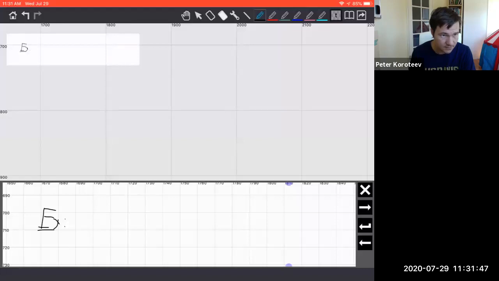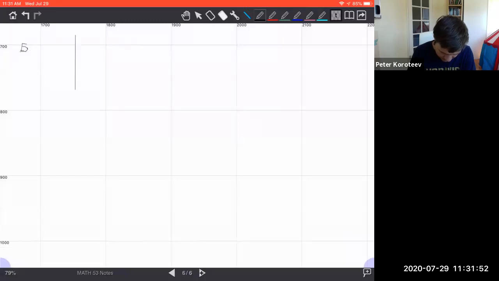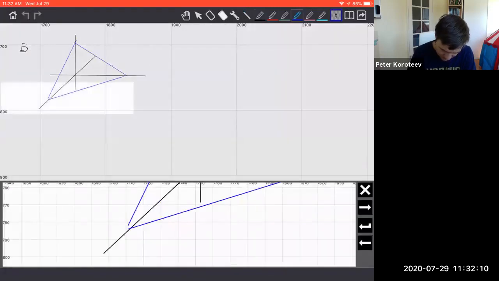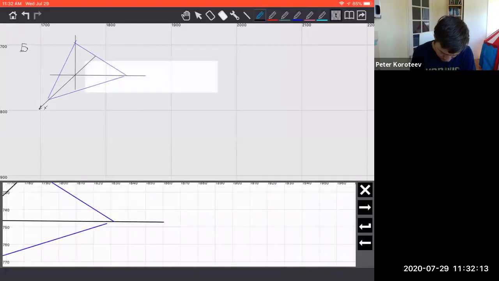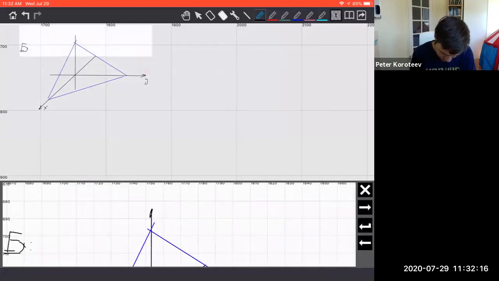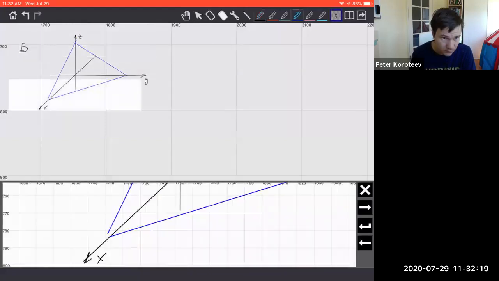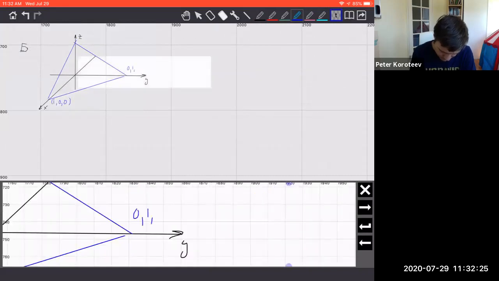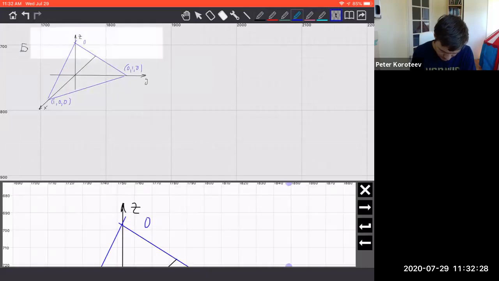So first, let's take a simple one. Let's say we have a tetrahedron, with vertices with coordinates (1, 0, 0), (0, 1, 0), (0, 0, 1).